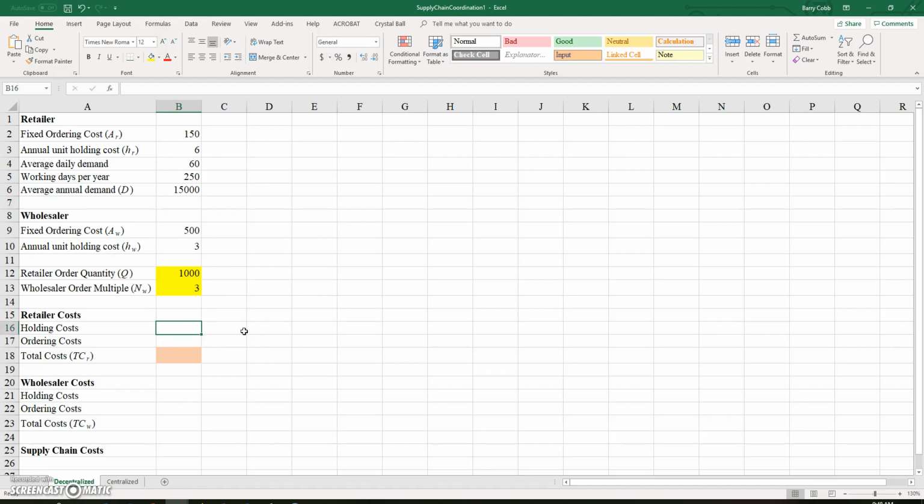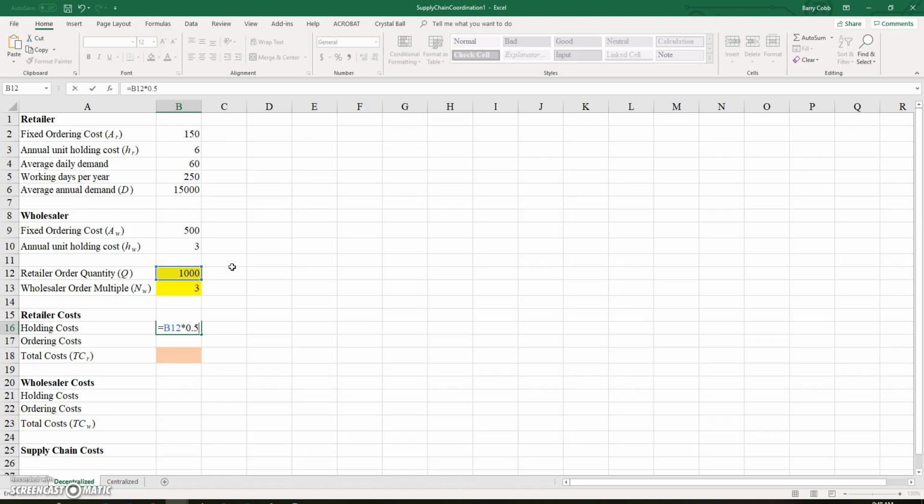The retailer's holding costs are the average inventory level throughout the year times the annual unit holding cost. The average inventory level during the year is simply the order quantity times 0.5, or the order quantity divided by 2. This is because the largest the retailer's inventory will be is equal to the order quantity, and the smallest it will be is 0, so halfway in the middle of those two values is the average inventory.